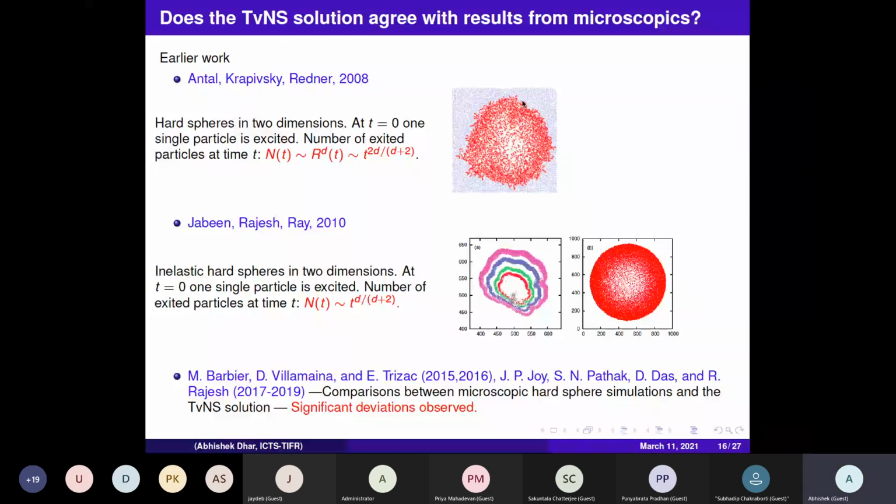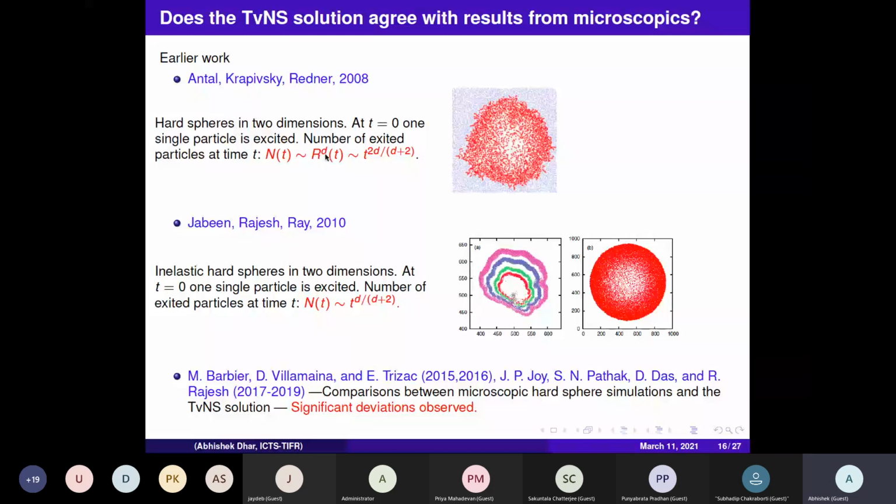The other thing you see is that there's a density profile right at the center. The density is lower than at the edges. And of course, there should be some velocity and so on. But this paper basically looked at the question of how the number of excited particles grows with time. And they found that if R is the size of the shock, you expect this to be R to the power D in D dimensions.